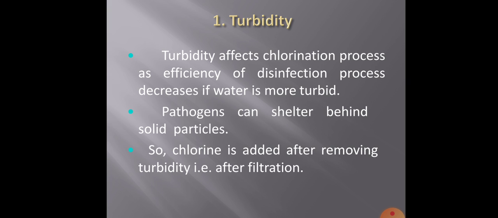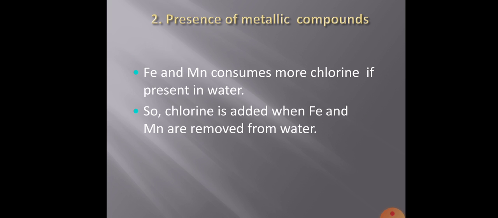Also, whenever the water is turbid due to suspended matter, the penetration of chlorine and the destruction of the bacteria present in the suspended matter will be very uncertain, and so it affects the process of chlorination. So usually we apply chlorine only after removing the turbidity if it is present in water.